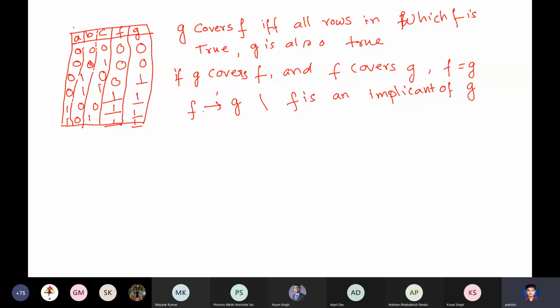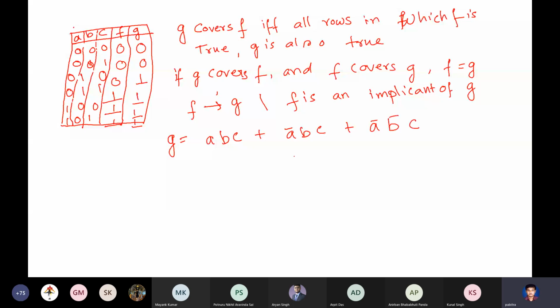All right. So one thing you can always say is, if you take a G of this form, for example, ABC plus A bar BC plus A bar B bar C, each of the min terms is an implicant of the function.